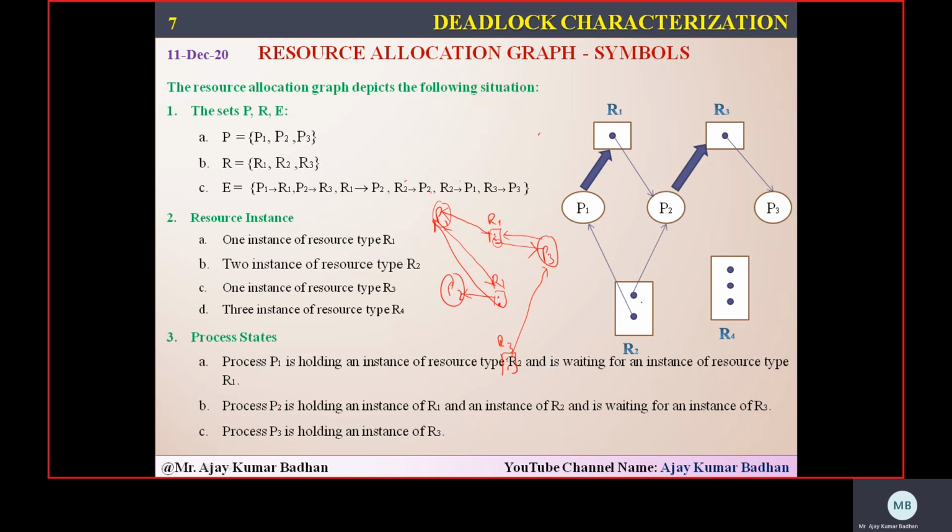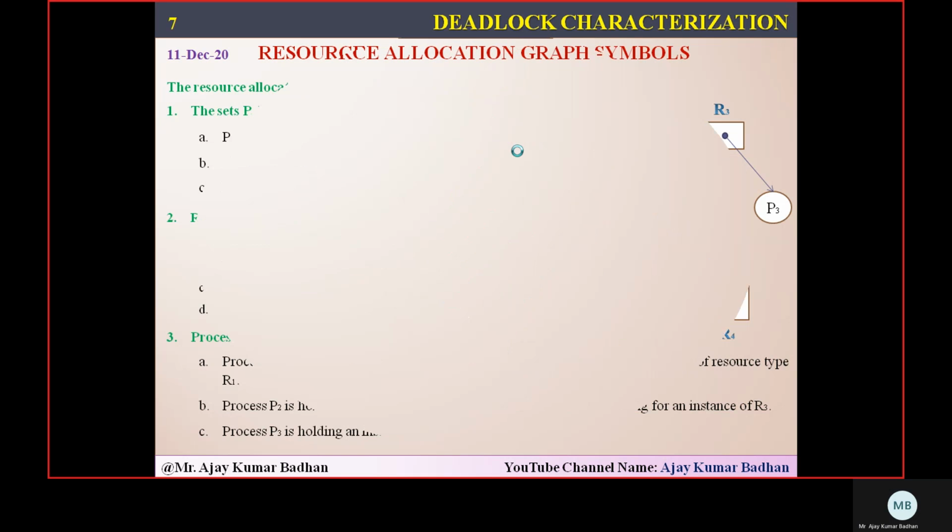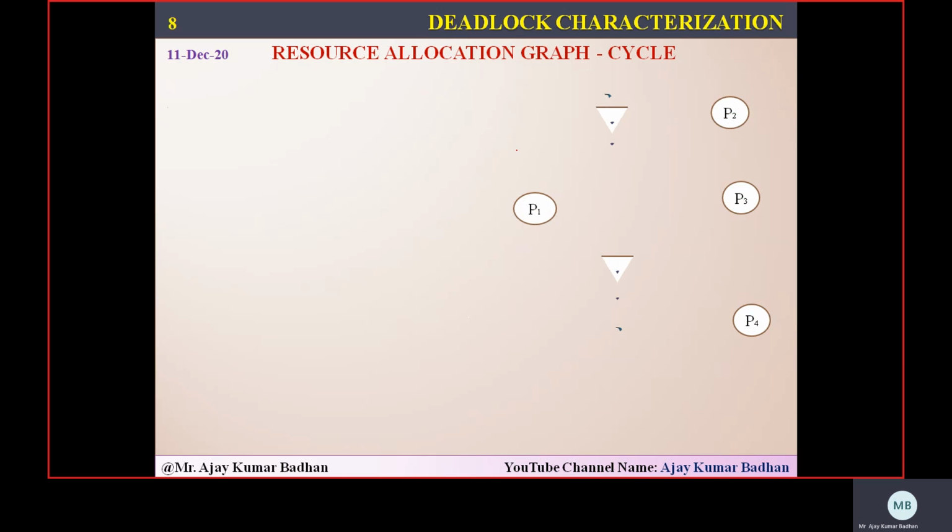That's what he means to say. If there are multiple instances within a resource, then even if a cycle forms, that doesn't necessarily lead to a deadlock. There may be a deadlock, but it's not necessary that the deadlock will definitely take place. That's what has been explained in this particular diagram.